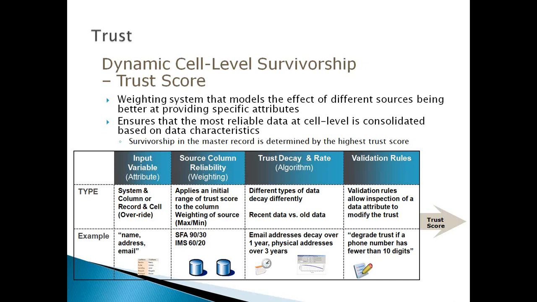Now, if I have to reduce it, I have to reduce it by such a percentage that the trust score of the SFA system comes down below 60. I cannot reduce it by only 10% or 20%. I have to reduce it by such a percentage that at least it comes to 59.